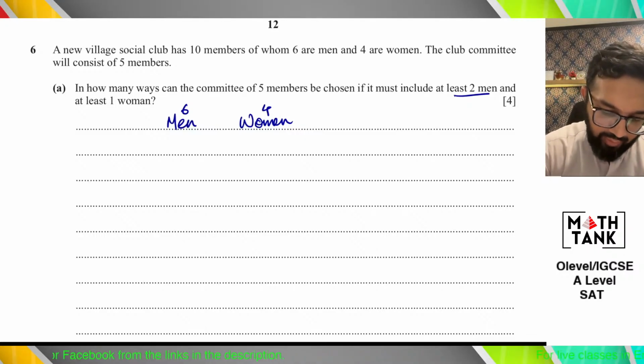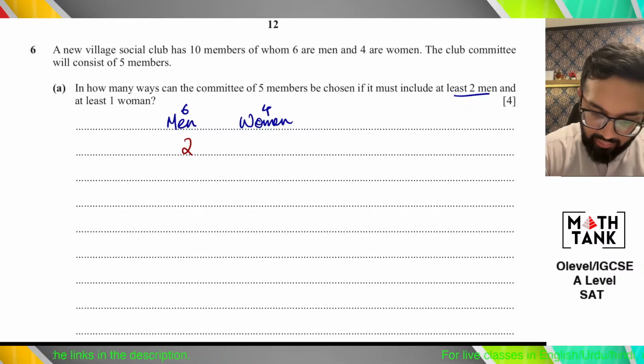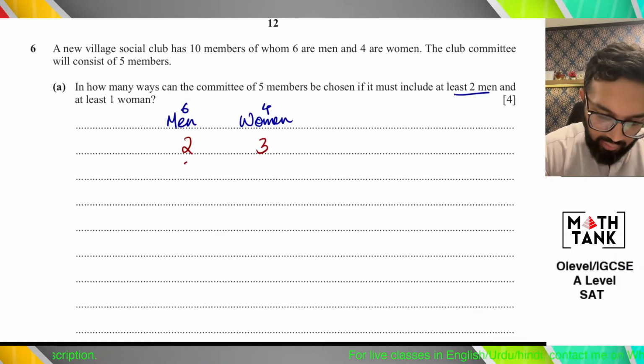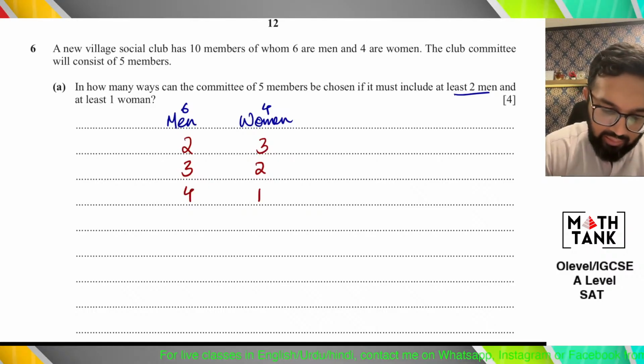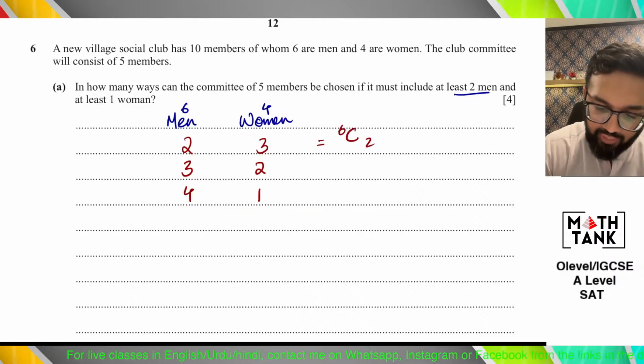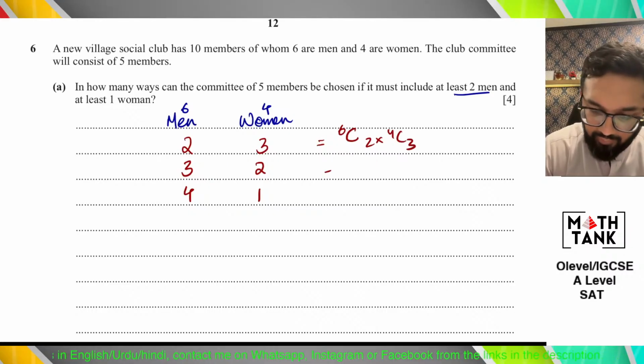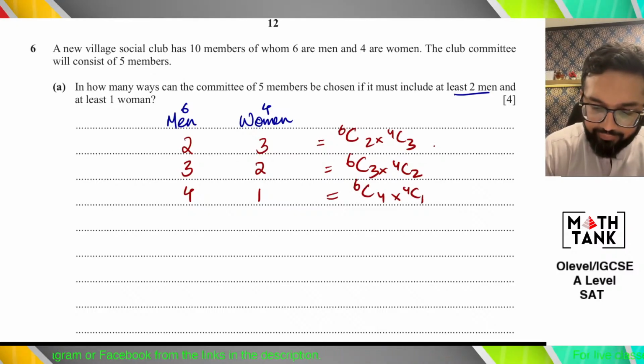At least 2 men. So 2 and 3, 3 and 2, and 4 and 1. So 6C2 into 4C3, 6C3 into 4C2, 6C4 into 4C1.